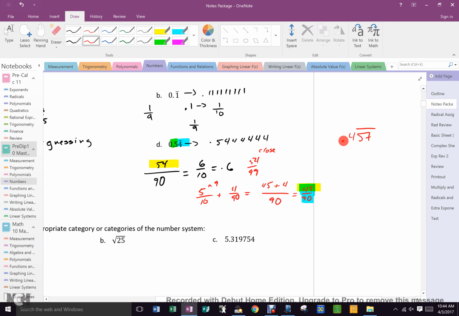0.457 with the 57 repeating. What would that be as a fraction? Look at what you know and see if you can put it together.